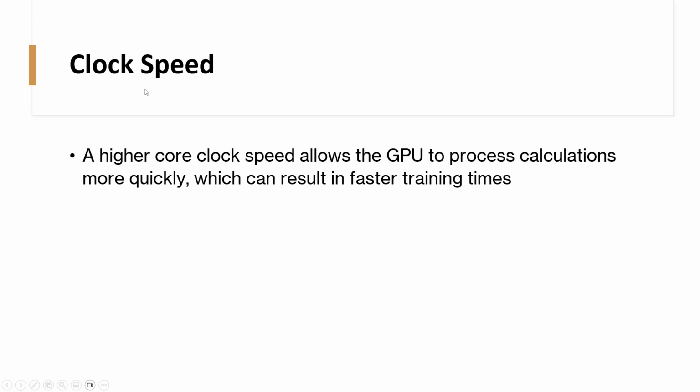For example, clock speed is a factor in calculating gigaflops, which we'll talk about in a minute, which is the amount of operations that can be performed in a particular amount of time. Some of these are dependent on other things, and that's why it's hard to look at these in a single lens, because a lot of them are interconnected.